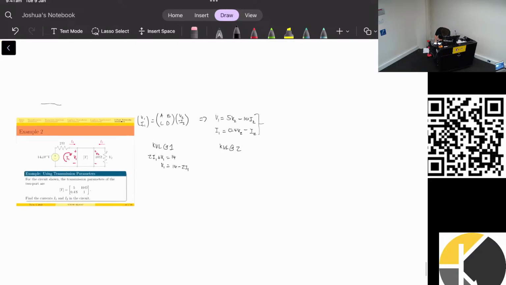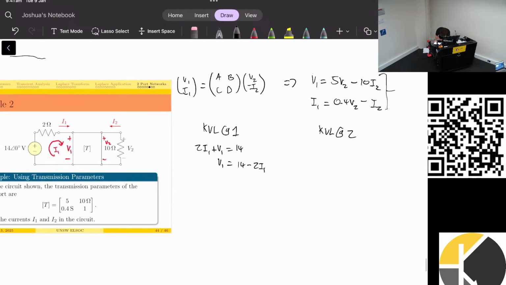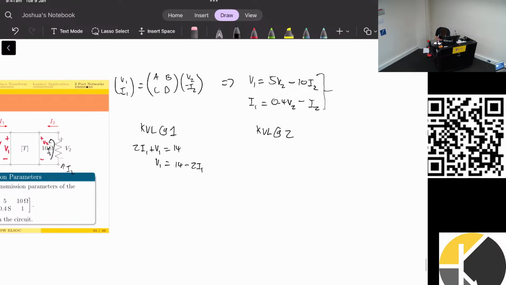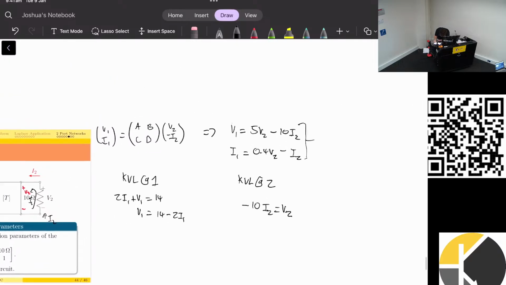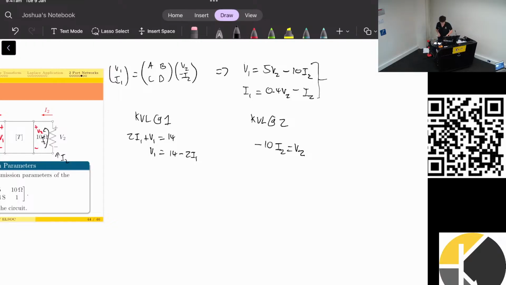KVL at loop 2, what does it say? This one you have to be careful with, that you get your current in the right direction, so current's going that way, which means we know it's 10 ohms, we just use Ohm's law, minus 10 I2 equals V2. Okay, and then we just have to combine these equations to solve for I1 and I2.